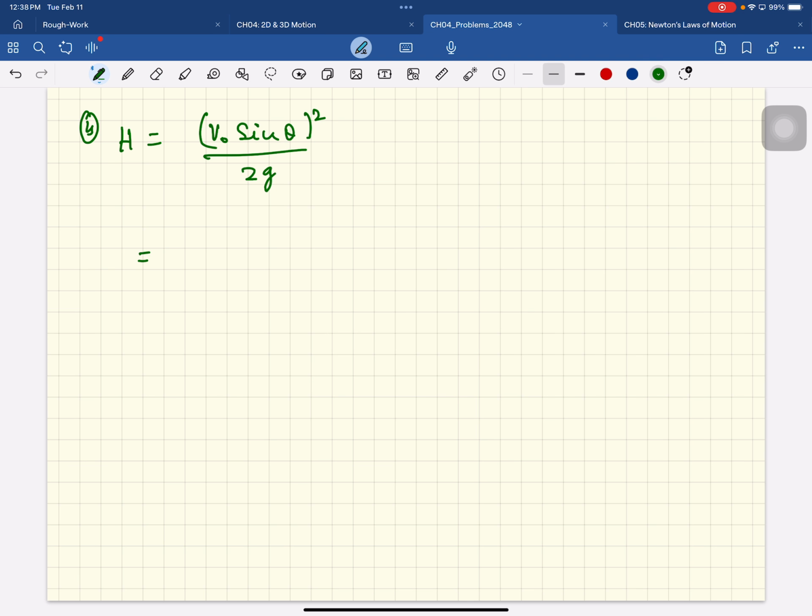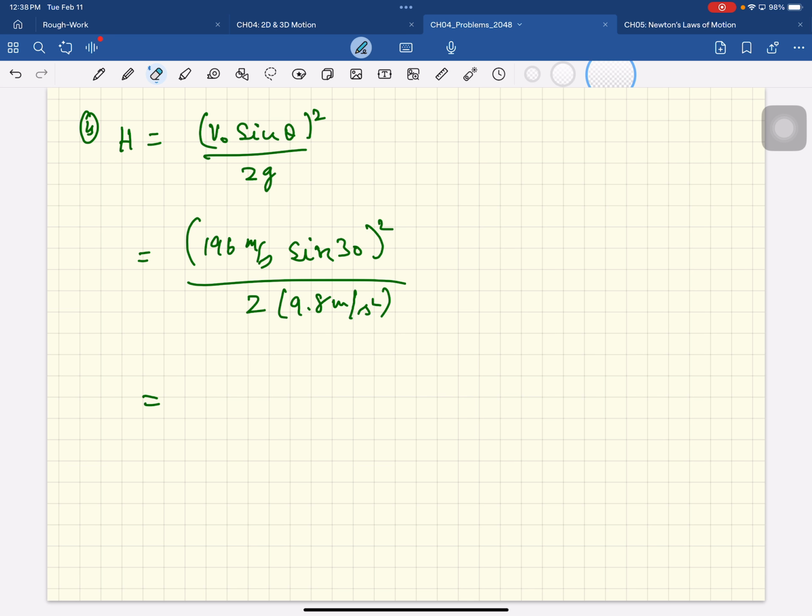We just solved for the speed, so it's 196 meters per second times sine 30, squared, divided by 2 times 9.8 meters per second squared.